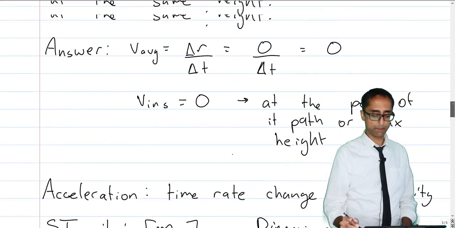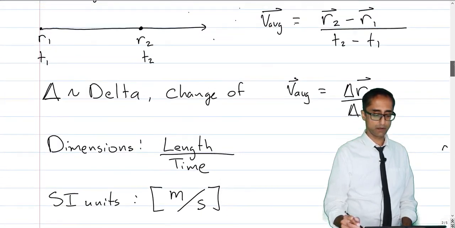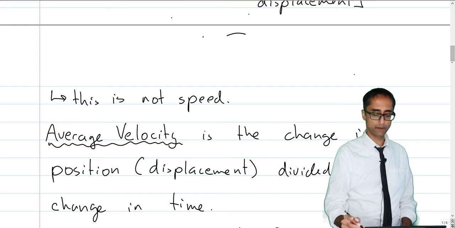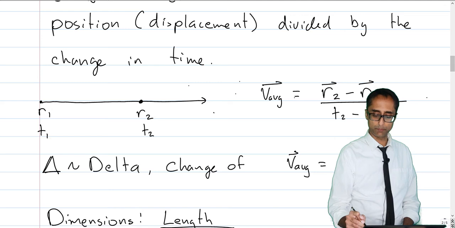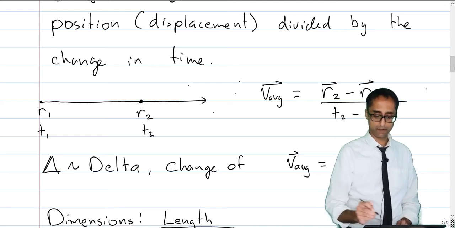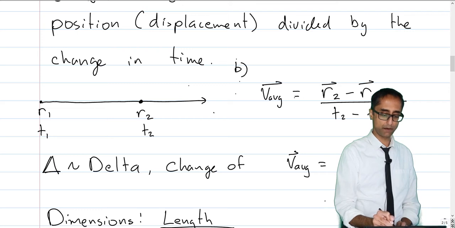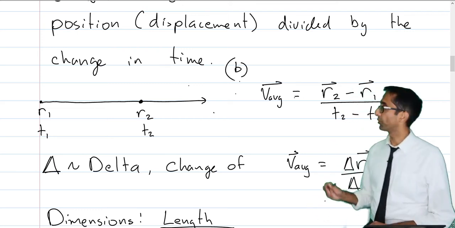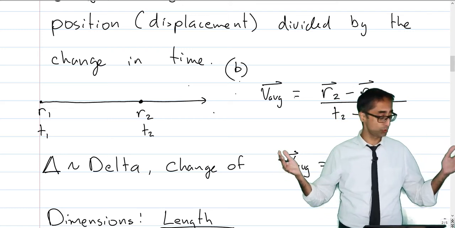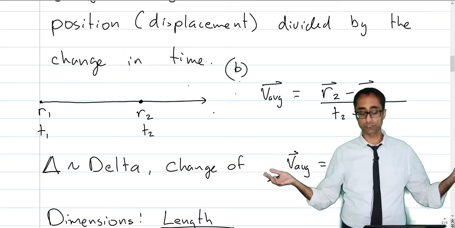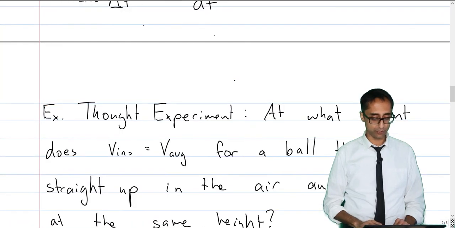I'll just go back up and see what it was. There we go, right there. And I'll put a little b there as well, so I don't misunderstand it. So this is our b equation. And so our b equation here is that the average velocity is just equal to our change in position divided by our change in time.